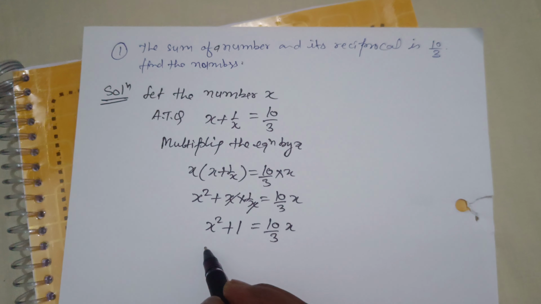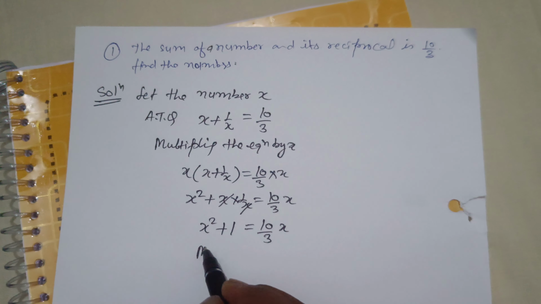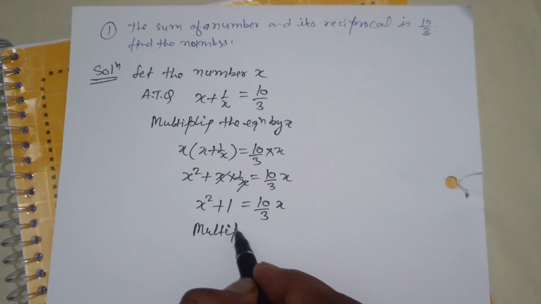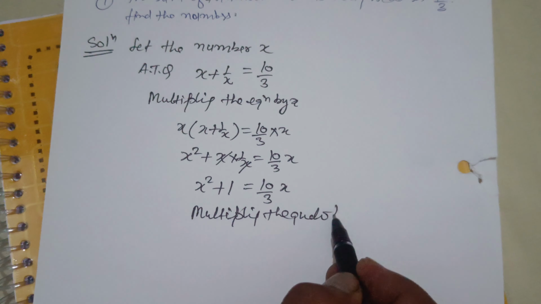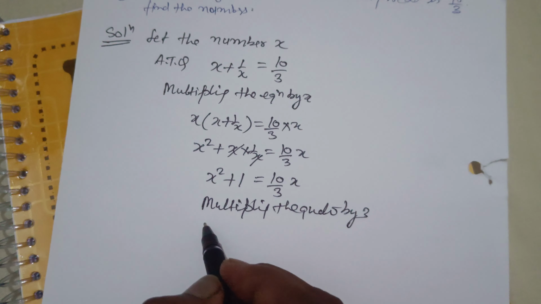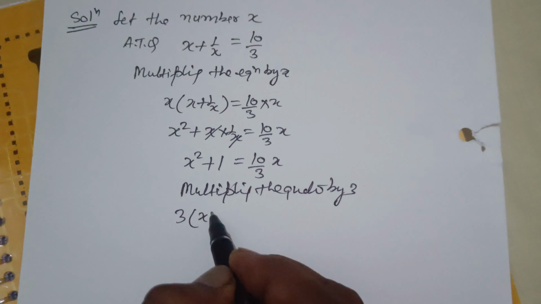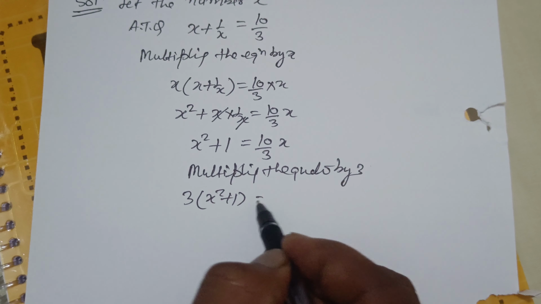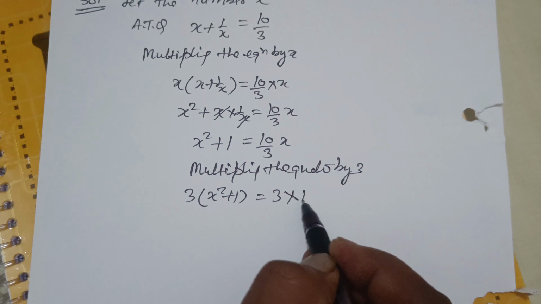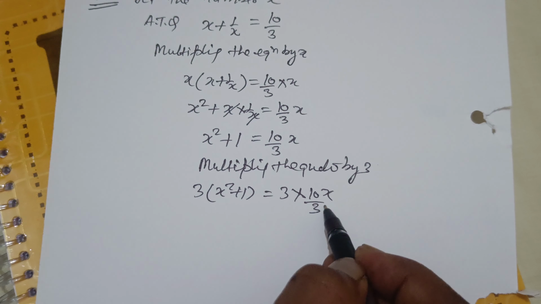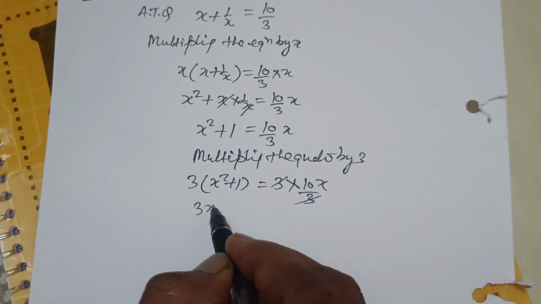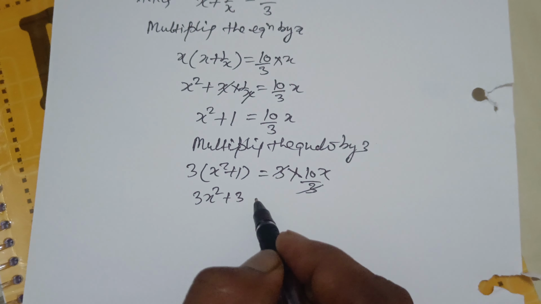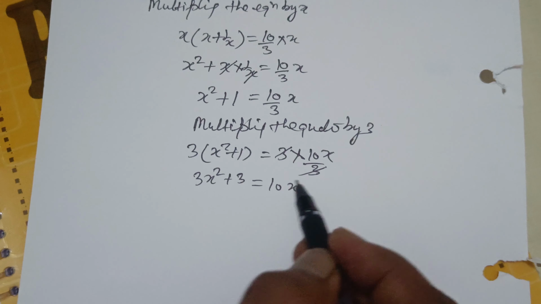Multiplying the equation by 3, you will get 3 into x square plus 1 is equal to 3 into 10x by 3. 3 is cancelled by 3. This is equal to 3x square plus 3 is equal to 10x.